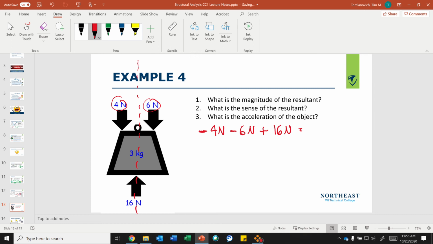So we got negative 10 plus 16, so we're left with 6 newtons.